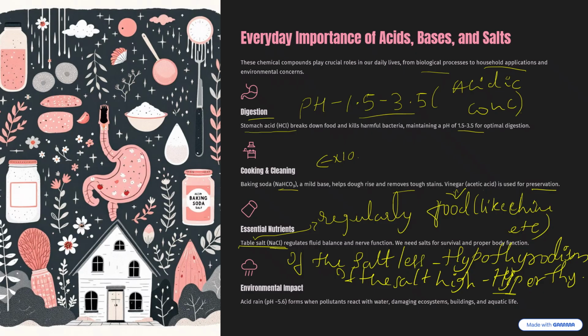Environmental impact: acid rain, pH from 5.6. 5.6 is acidic, and 7 is neutral. Sorry, I'll repeat this point once again.